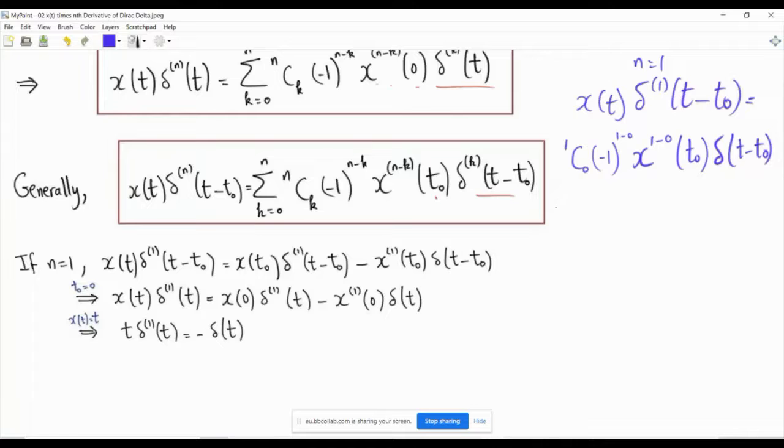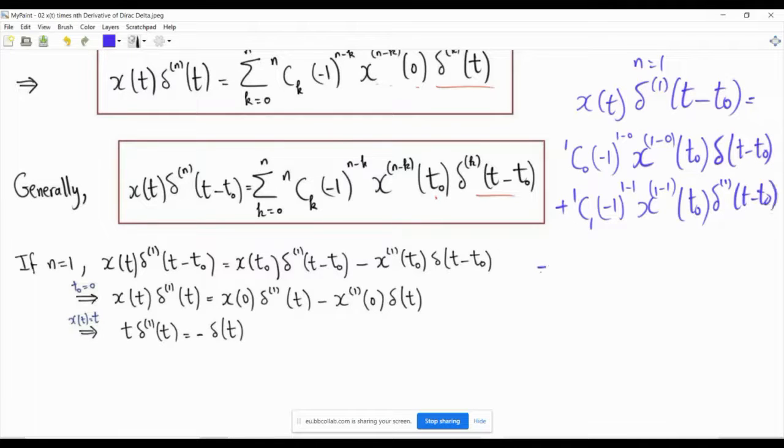We are not done because there is a second term in which k is equal to 1. So this is 1 choose 1, and then there is minus 1 to the power 1 minus 1, and then there is x of order 1 minus 1, which will be the function itself, at t0. Then we have the first derivative of the Dirac delta, t minus t0.